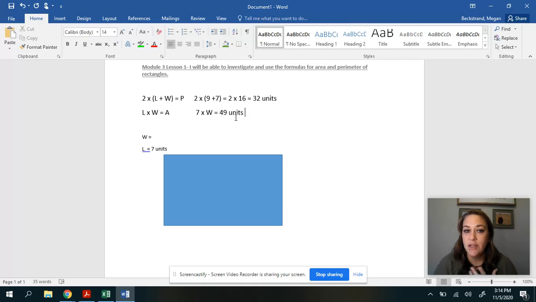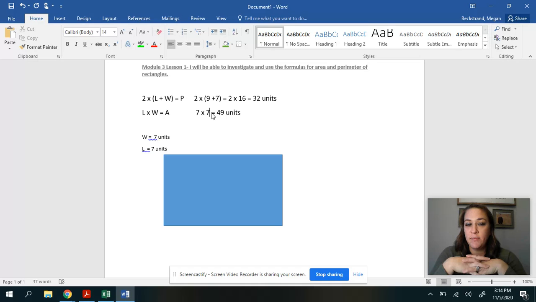Because if I know that length times width is my area, then 7 times something is equal to 49. Well, what do we know about our multiplication facts? So 7 times blank is equal to 49. So 7 times 7 is equal to 49. So then we could fill in that our width is 7 units.